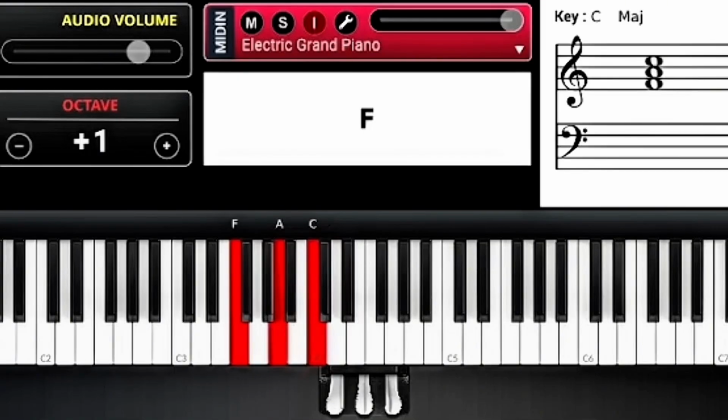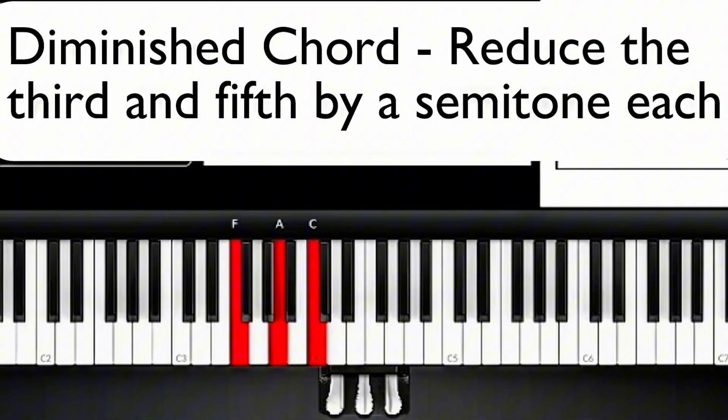To get a diminished chord, we have to reduce the 3rd and 5th by 1 semitone each. So this is our 3rd. If I reduce it by a semitone, this is what we have. Now this gives me a minor chord because only the 3rd has been reduced.